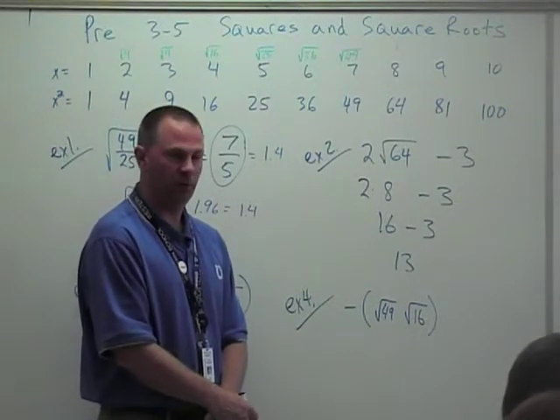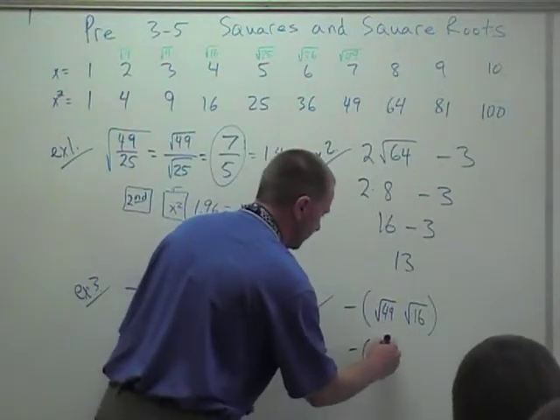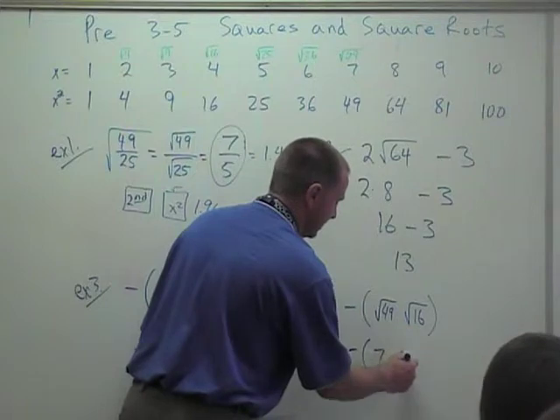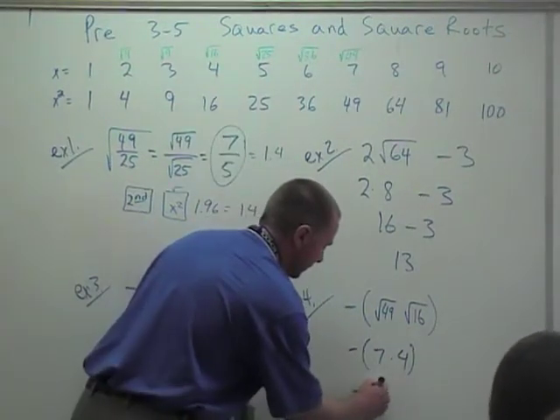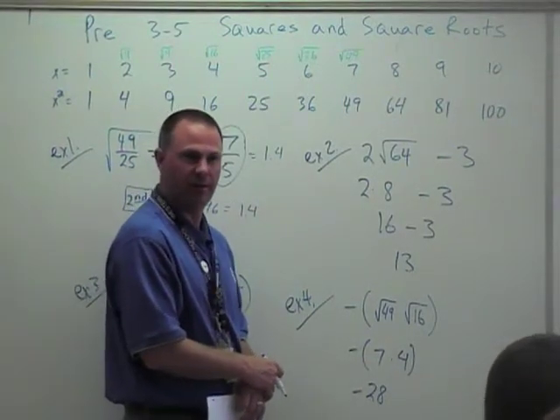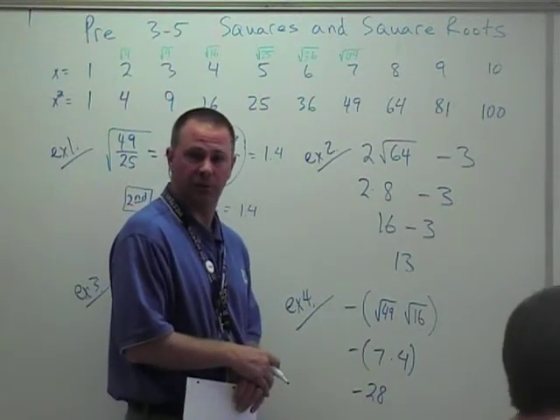So what do you know? 7. Yeah, the square root of 49 is 7. And the square root of 16 is 4. Alright, now what is 7 times 4? 28. So it's negative 28. That's my answer, right?